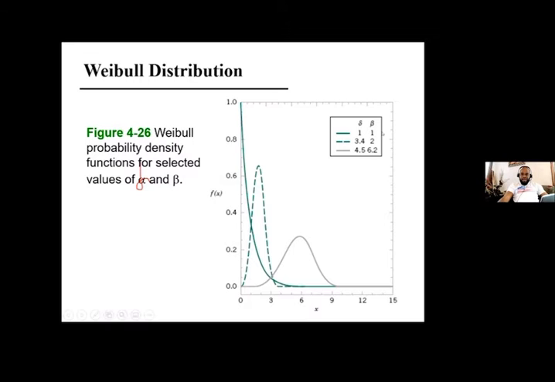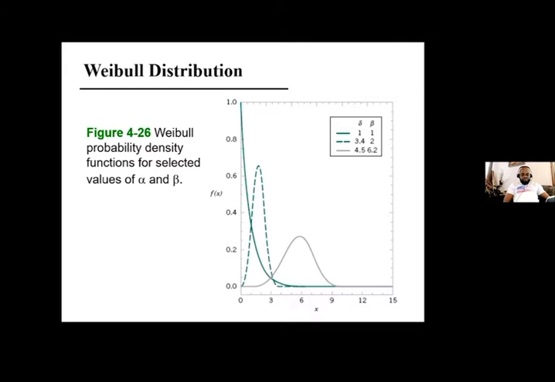So when I vary the parameters, I'm going to have different shapes. And because of that flexibility, Weibull is very, very useful in survival analysis, and generally time-to-event analysis. So take a look at that.